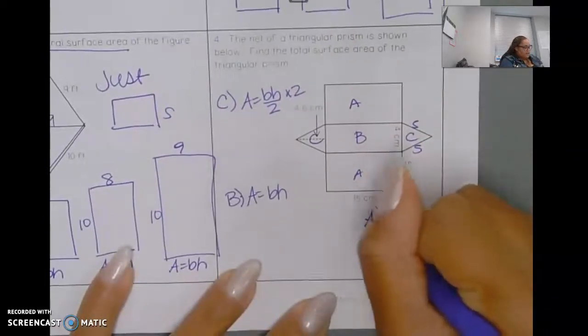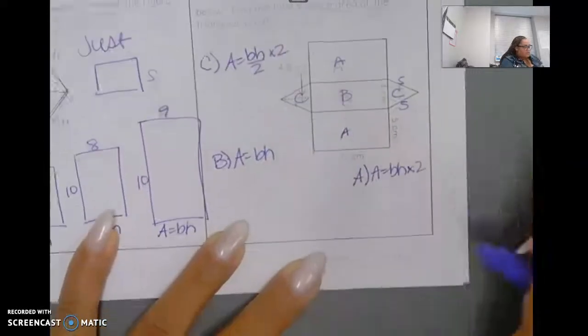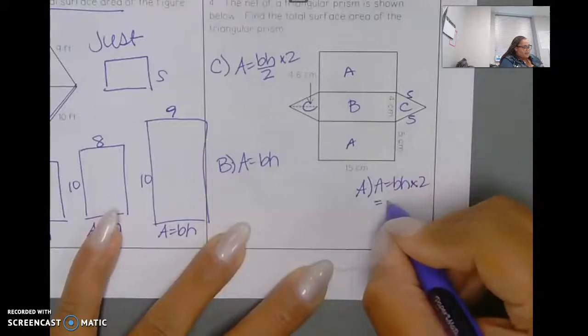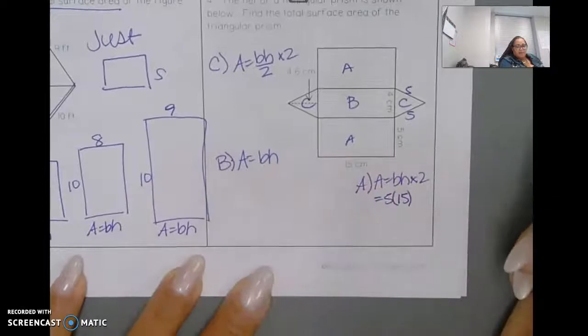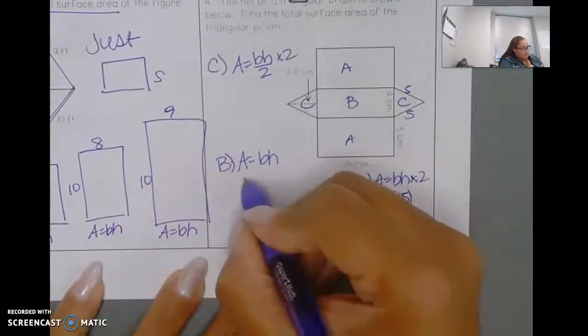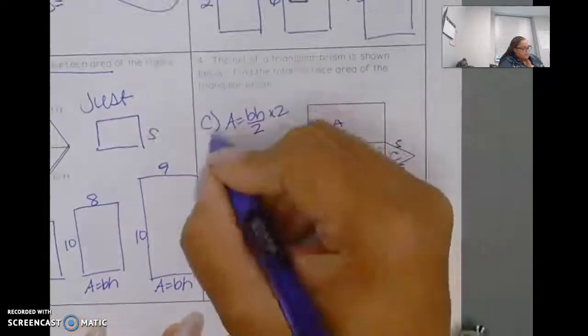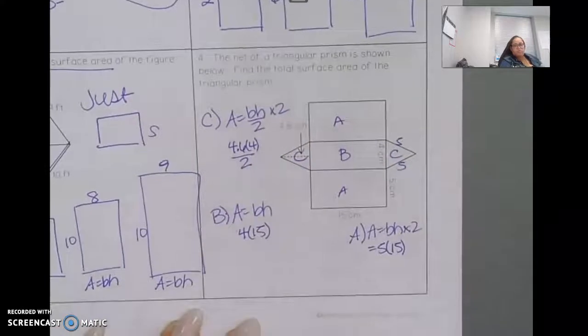And A is area equals base times height, and I have 2 of those. My base and my height for A is 5 by 15. My base and my height for B is 4 by 15. And this is 4.6 by 4 divided by 2. Good luck.